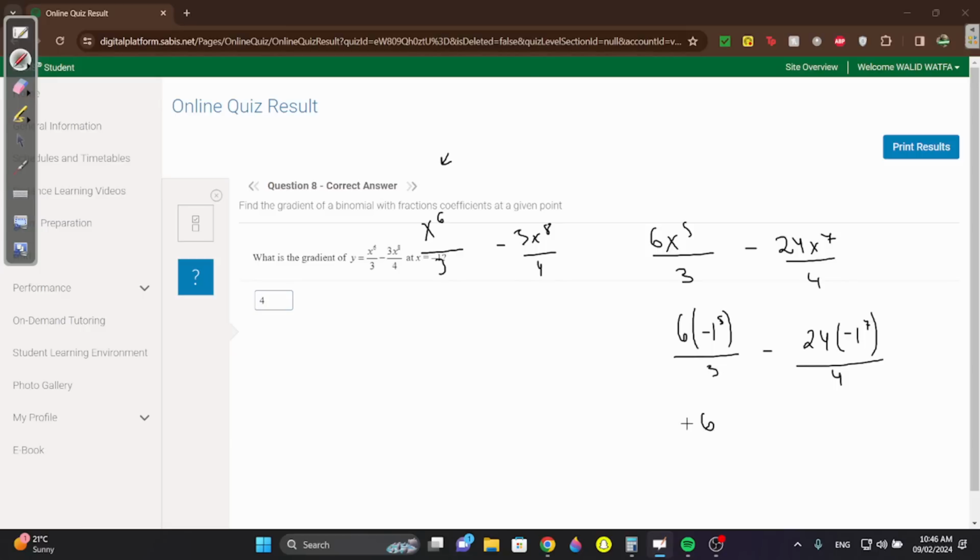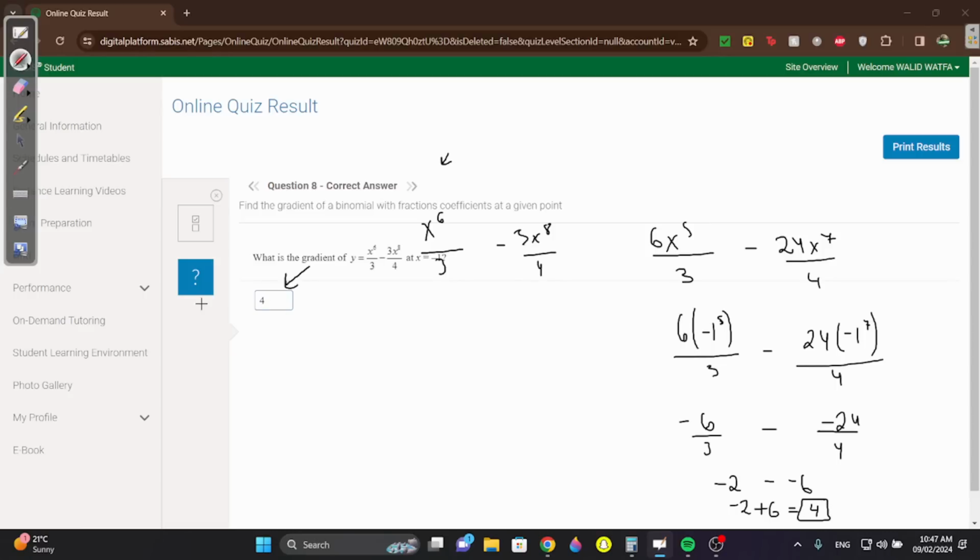So it'll be negative 6 over 3 minus 24 times negative 1, because it's an odd exponent, it's going to stay negative, minus 24 over 4. Okay, minus 6 over 3 is minus 2. Minus 24 over 4 is minus 6. So it will be minus 2 plus 6, which is 4.